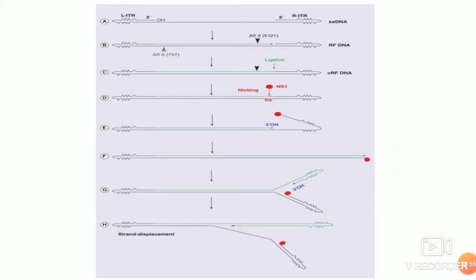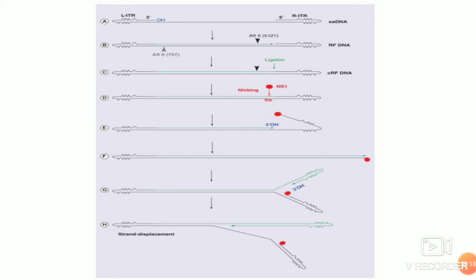This step is called first strand synthesis. The extended 3' is ligated to the 5' end of the genome by cellular ligase, which makes the double stranded structure. The double stranded structure is called the replicative form that transcribes the mRNA for expression of viral proteins.